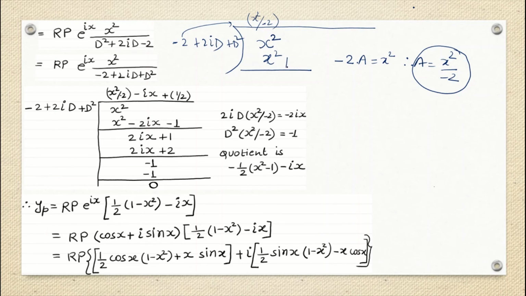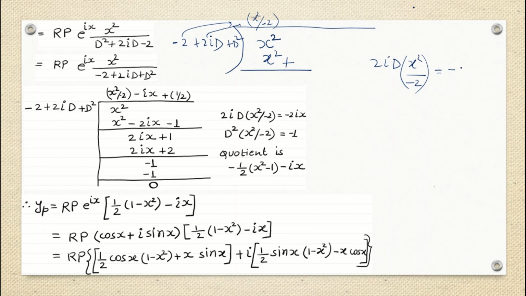Fine. Now next what I have to do, I have to do the operation with second term and then x square by minus 2 also. That means I am going to do now here is 2i of d of x square by minus 2. How much it is going to give me? So first I'll cancel out this 2 and 2.